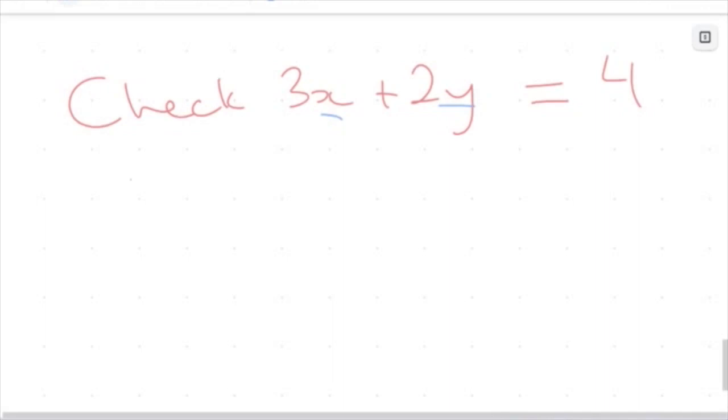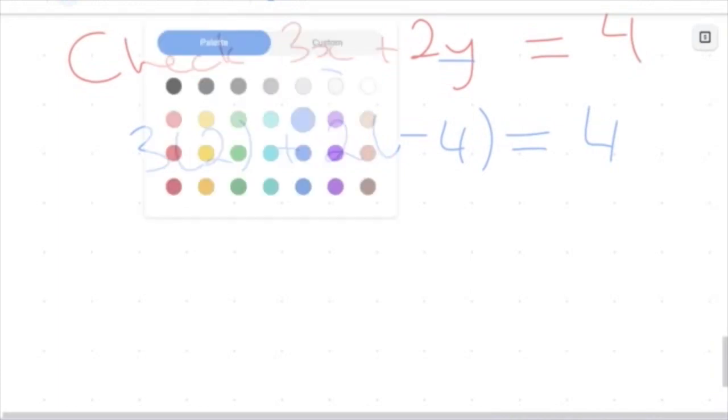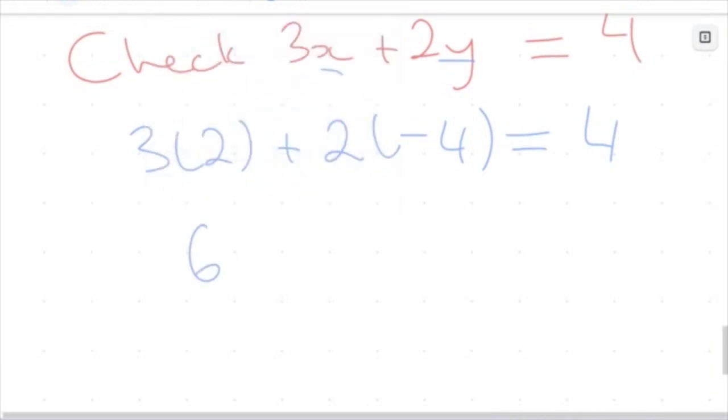So that's going to give me 3 times 2 plus 2 times -4. And we want to see if that equals 4 on the right-hand side. So 3 times 2 gives me 6. So we're adding plus, and then 2 times -4 gives me -8. So I've got plus -8. In other words, this is like saying 6 minus 8.